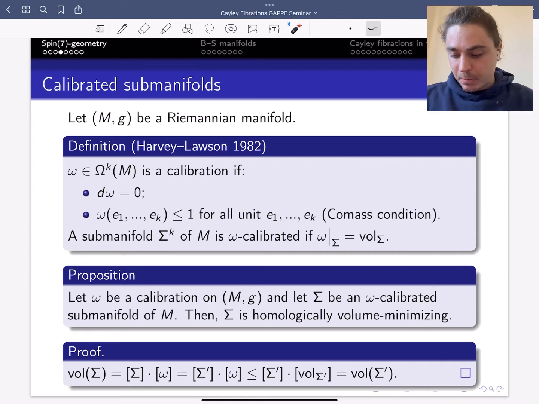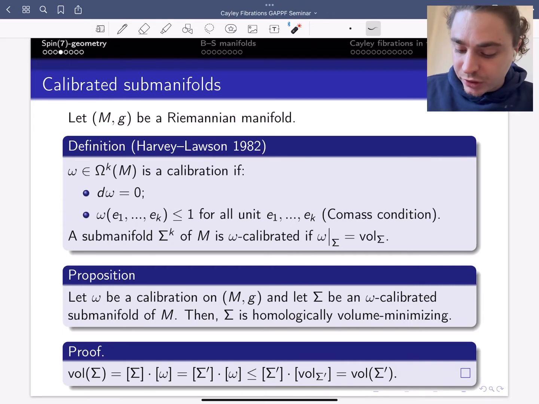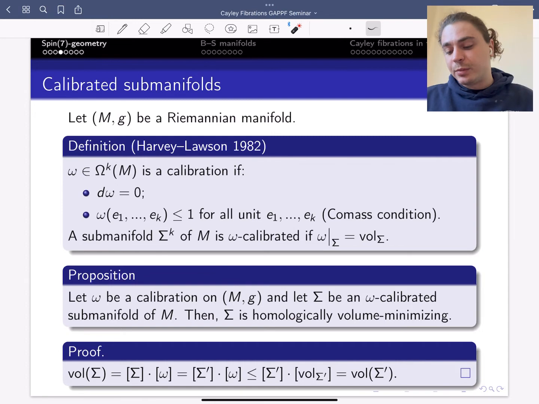Now, why should we care about calibrated submanifolds and calibrated geometry? Well, the main reason is because of this proposition here. The proposition is as follows.